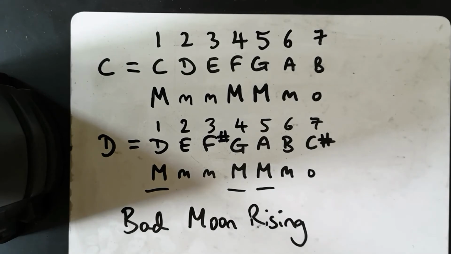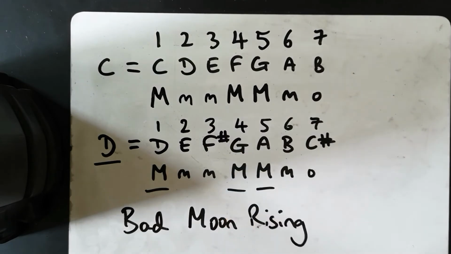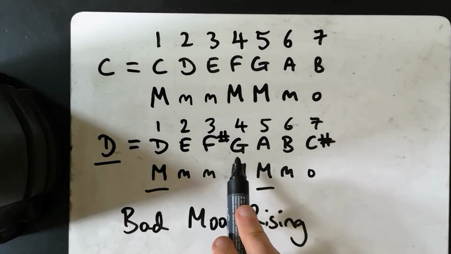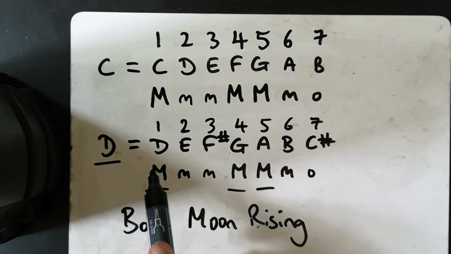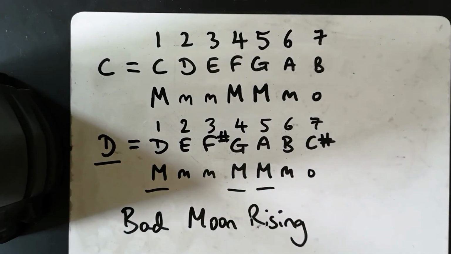So I can work out from that song, using just the chords D major, G major, and A major, that it's in the key of D major, because there will be no other key signature which will have the major chords of D, G, and A. Okay, G major will not have it, A major will not have it. The only key with these 3 major chords is D major.